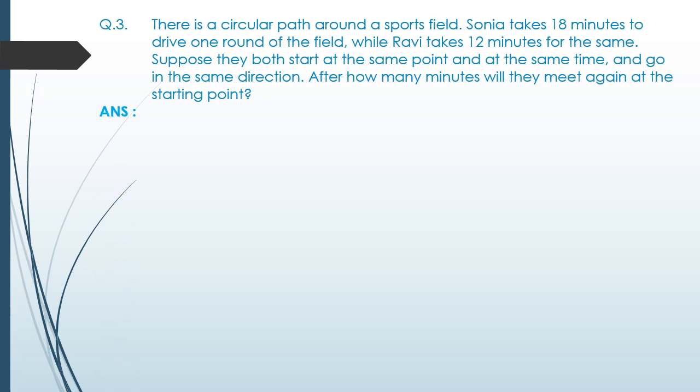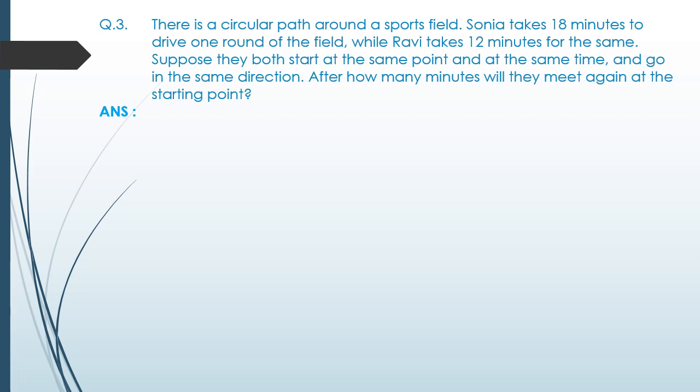So first of all, just see what is given to us. Sonia is taking 18 minutes to complete one round, whereas Ravi is taking 12 minutes to complete one round. Now if they are starting at the same point at the same time and both of them are going in the same direction, obviously we can see that Ravi will be running faster because he is completing one round in 12 minutes.